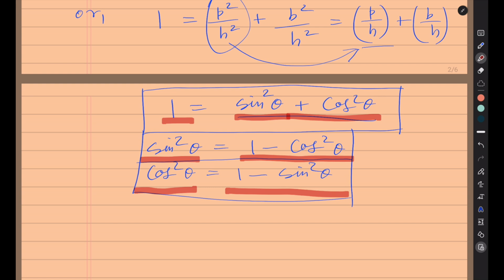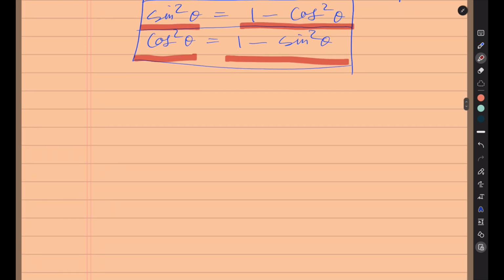We will go into a little bit more detail of the various trigonometrical ratios at some angles which are quite special angles. Which are those special angles? We'll look into 0 degree, 30 degree, 45 degree, 60 degree, and then 90 degree.